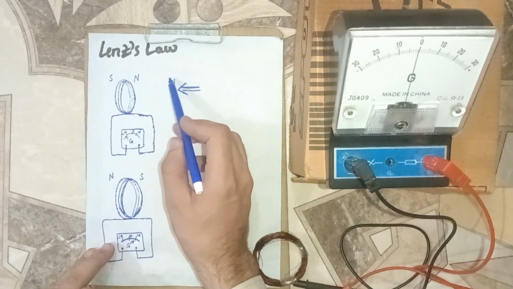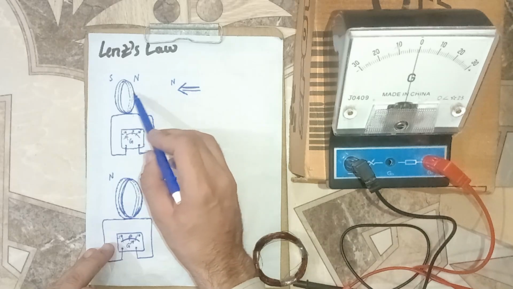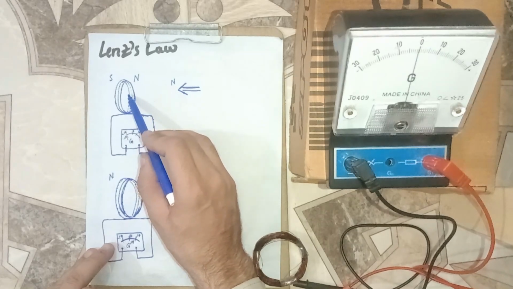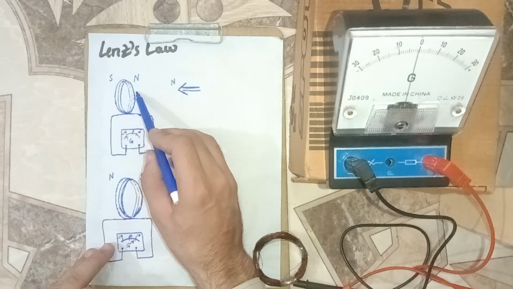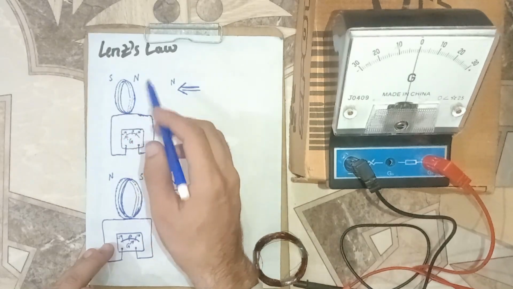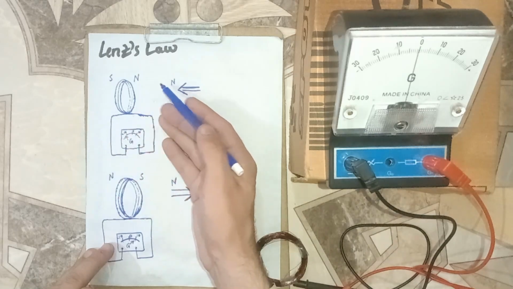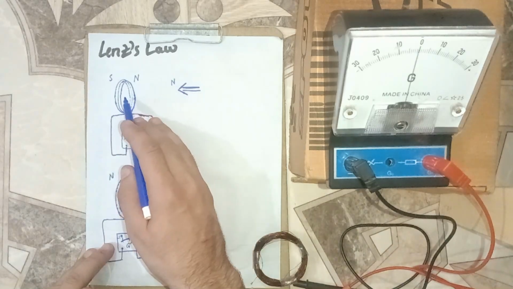Here the pole of this magnet is the north, and if I bring that north toward this coil, the EMF will be induced and this side of the coil will become north. This north and this north will repel each other, and we will apply some force.